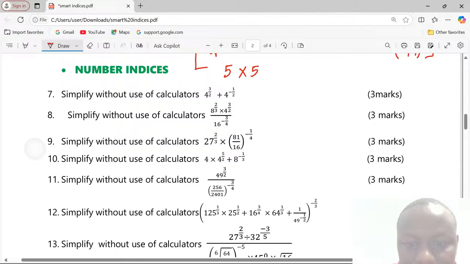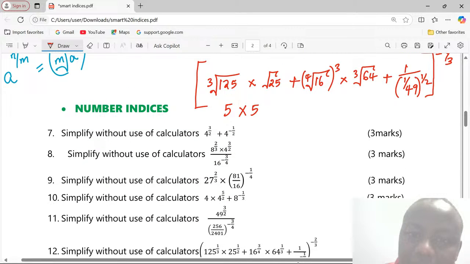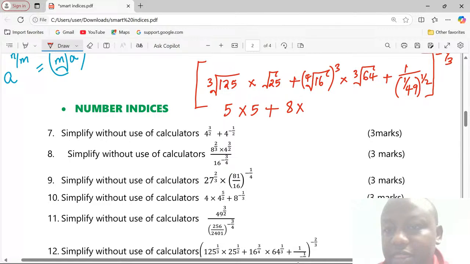Then now we shall add: the fourth root of 16 is 2, and power 3 becomes 8, multiplied by the third root of 64. We get 4. The third root of 64 is 4 itself.